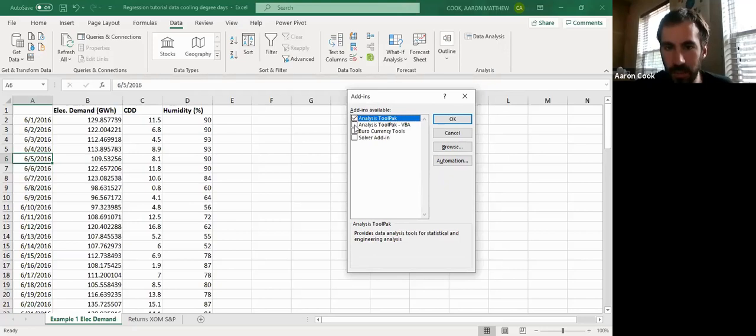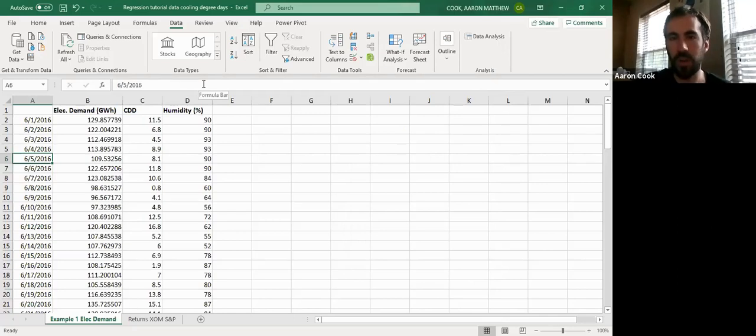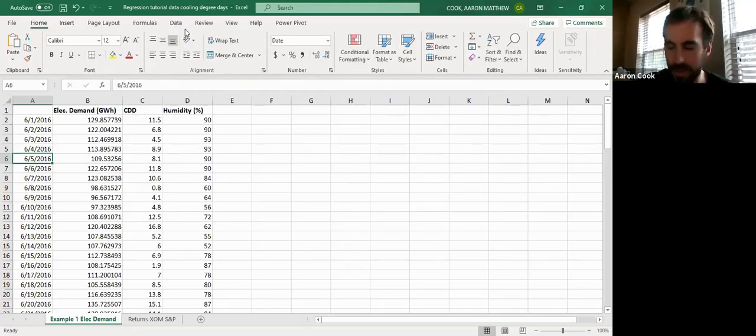And if you check the box right next to the Analysis ToolPak option, and then hit OK, if it's gone correctly, that should allow you to see this data analysis tool.